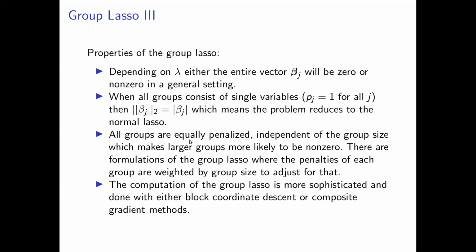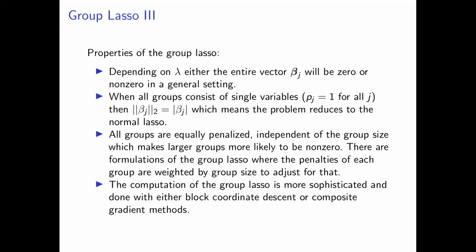So we use equal penalties for all groups, independent of group size. And therefore, larger groups are more likely to be non-zero.